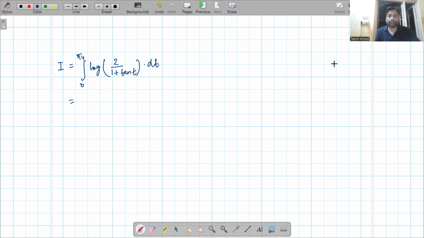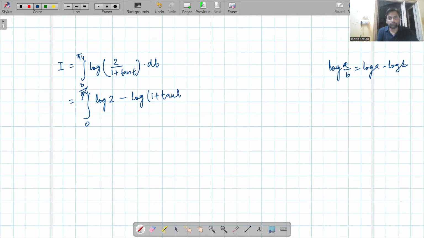And you know that one rule that whenever you have log A by B, you can write it as log A minus log B, isn't it? Use the same thing here. So this will be the integral from 0 to pi by 4 of log 2 minus log of 1 plus tan t, dt.